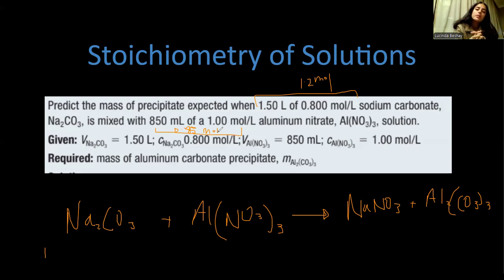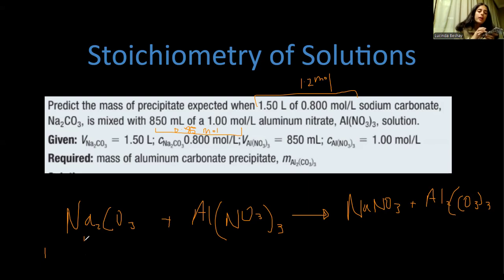Now what's the limiting reagent in this case? I'll tell you it will be the Na2CO3, but remember how we do this is that you find the molar mass of Na2CO3 and then you multiply the number of moles by it. So the molar mass of Na2CO3 is 105.99.